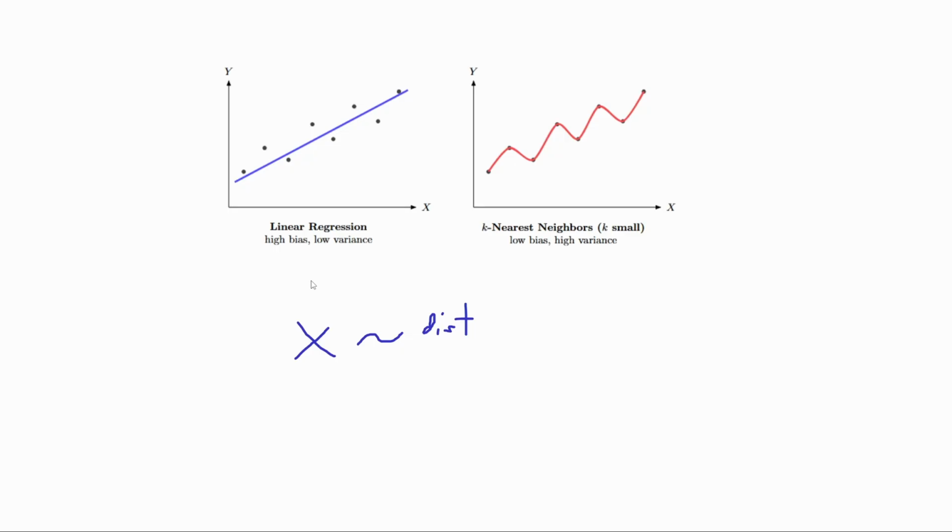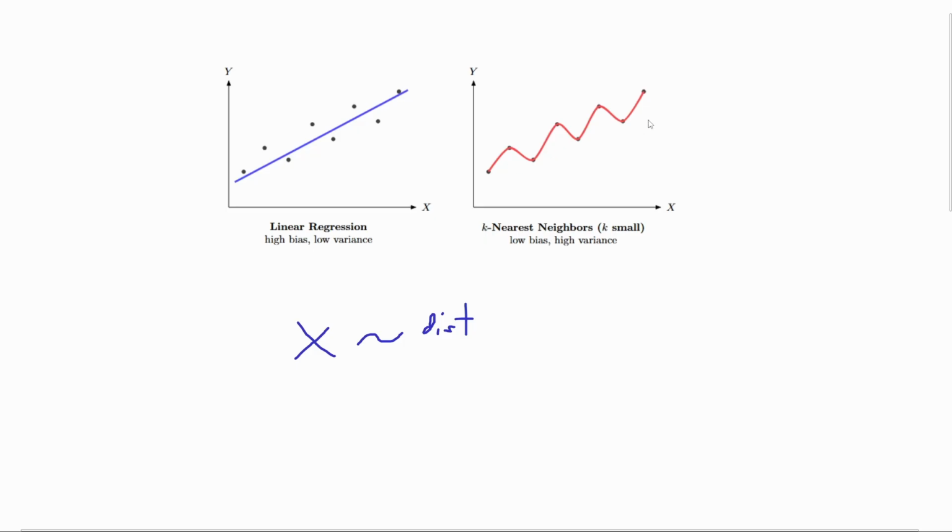The model has low variance because it doesn't vary along with the new data. So linear regression has low variance because it's a very simple model. Maybe here's your data for one sampling, but if I sample again, the blue here, it's completely different data, but I get a very similar line.